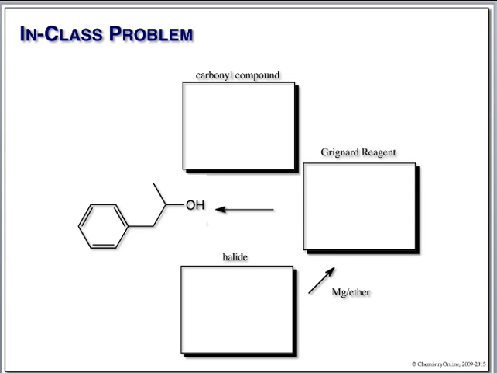Here we're going to split on the other side of our secondary alcohol. Now our carbonyl compound had the benzene ring, the CH2, and this carbon was an aldehyde. So looking for an aldehyde, a CH2, and a phenyl group.